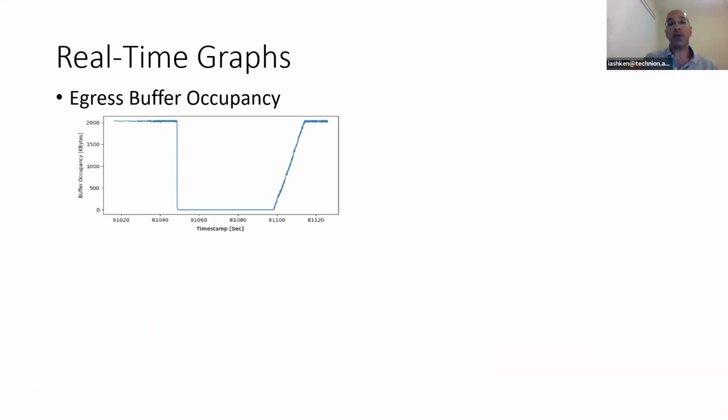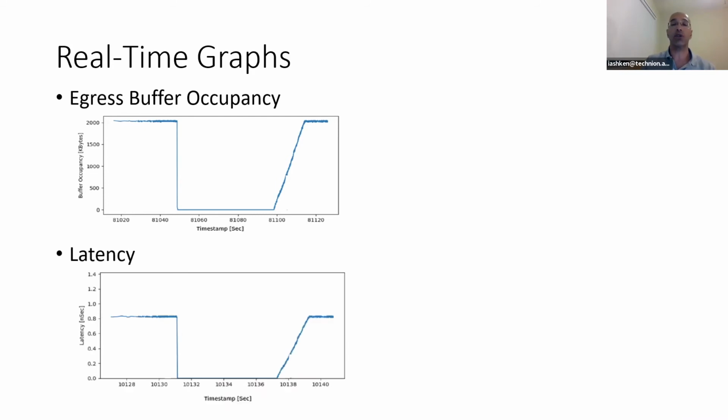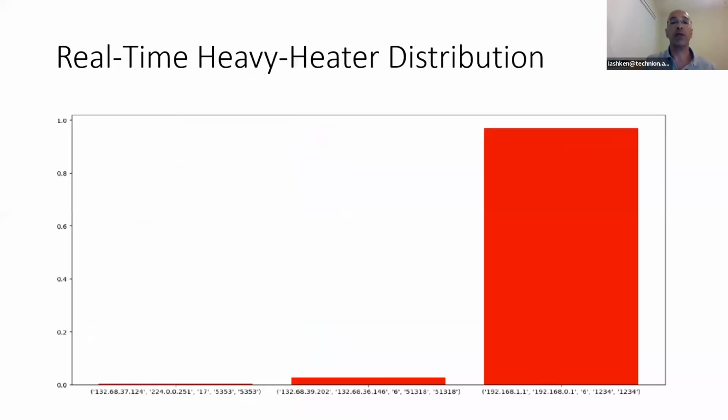So actually what we saw here, we can see clearly the egress buffer occupancy that we got using the postcards. For example, here you can see that once there is a congestion, the egress buffer occupancy is rising here because of the congestion, and also the latency is rising up once you congest the switch.